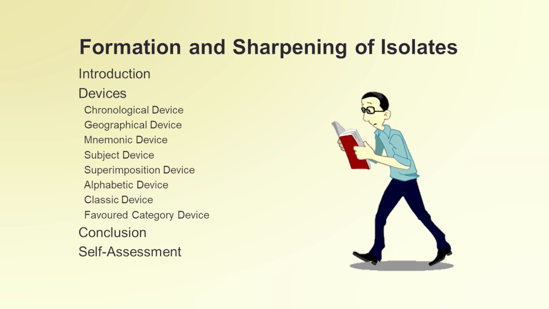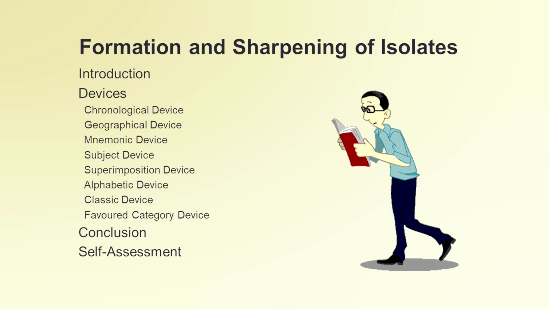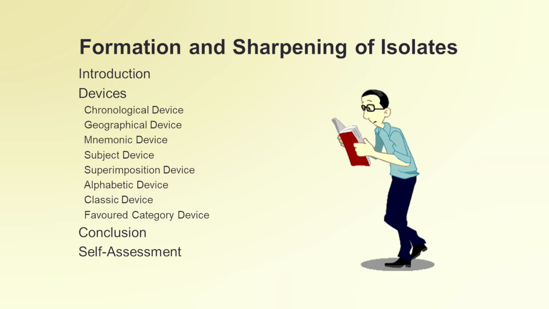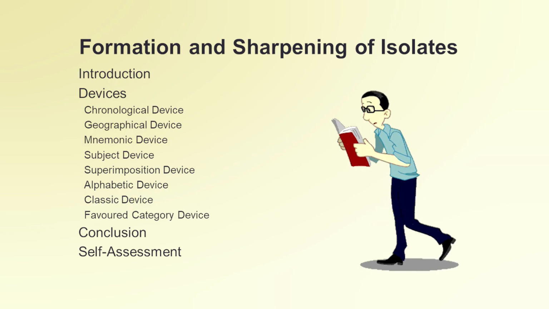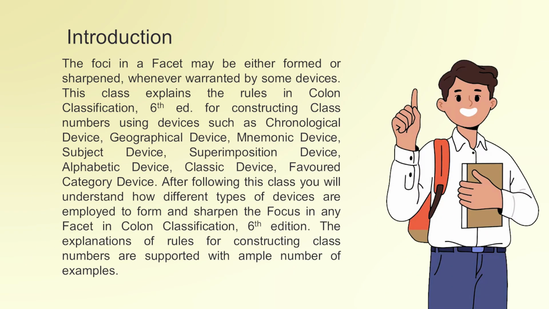Today we explain the rules in Colon Classification 6th edition for constructing class numbers using devices such as Chronological Device, Geographical Device, Mnemonic Device, Subject Device, Superimposition Device, Alphabetical Device, Classic Device, Favored Category Device, etc. So after following this class, you will understand how different types of devices are employed to form and sharpen the focus in any facet in Colon Classification.